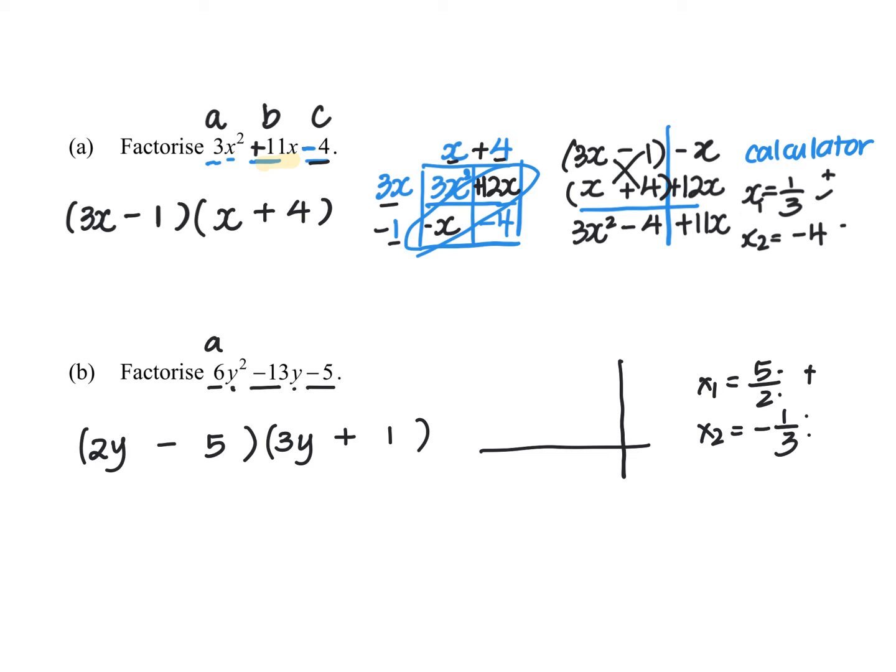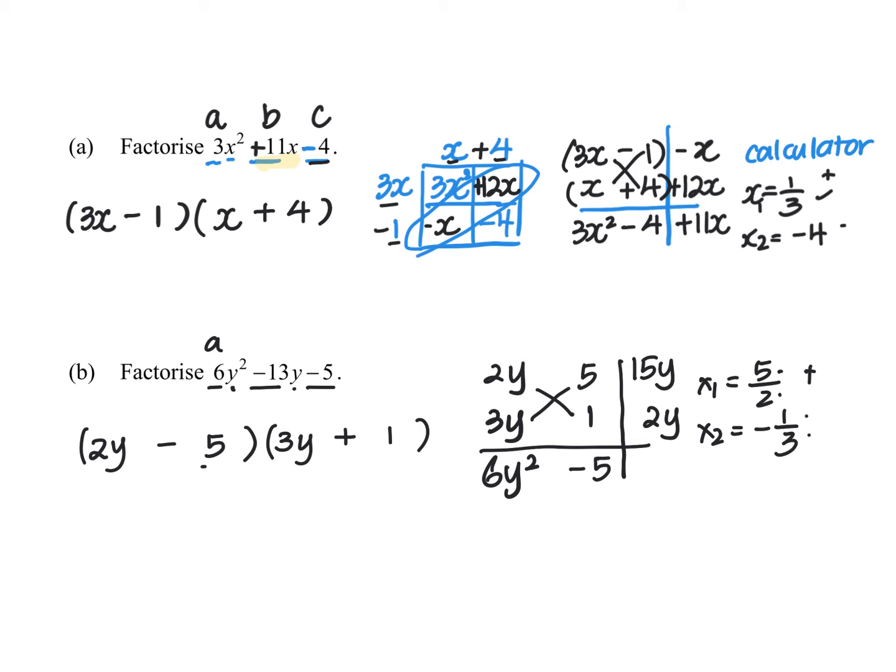So I will want to get a 6y squared, 2y times 3y to give me 6y squared. 2 is with the number 5. I want -5 over here, so I put a 5 times 1 to give me 5. Cross, 3y times 5 will be 15y. 2y times 1 will be 2y.